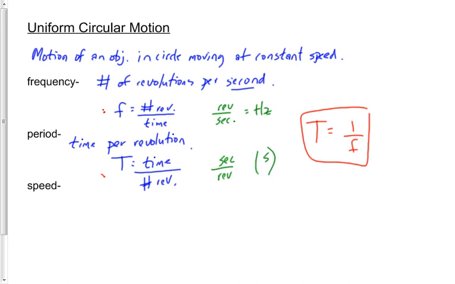Well, if frequency is number over time, and period is time over number, then the period is the inverse of the frequency. So period will be 1 over F, or F would be 1 over T. So this one does appear on your data sheet, although you do have to be familiar with these as well. The reason that these don't appear on your data sheet is because they're not so much equations, they're more definitions than equations.